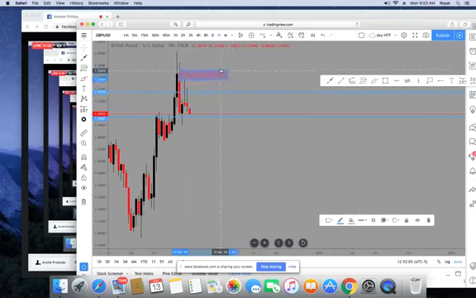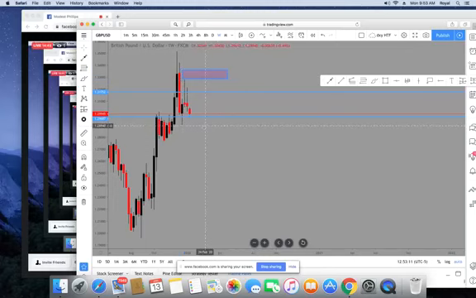So I will ultimately like to see GBP USD get back up here above this, right? So from here to here. So that's 132.70 to 133.60.